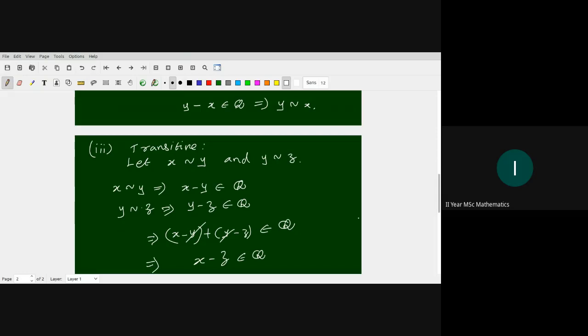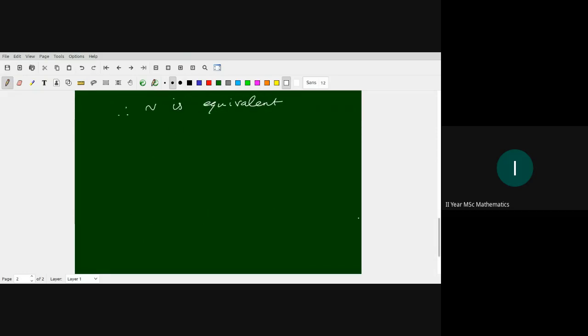Okay. So now we can decompose [0, 1] as a union of equivalence classes.